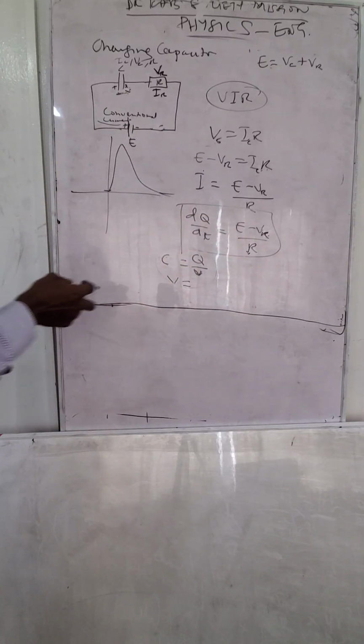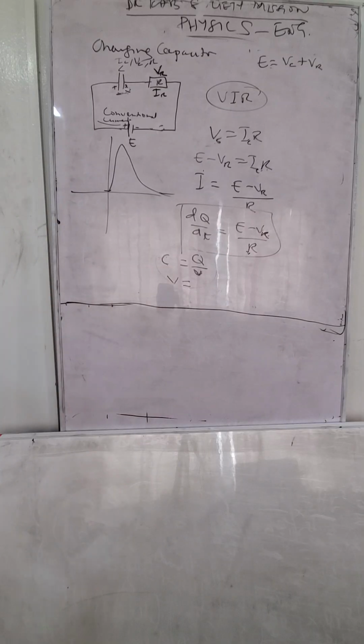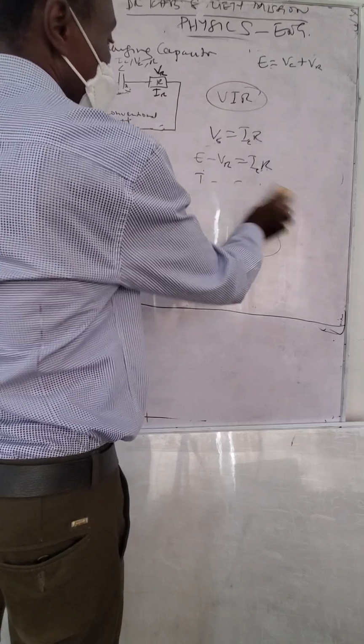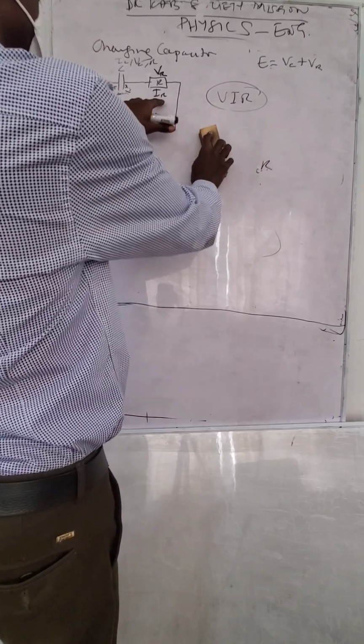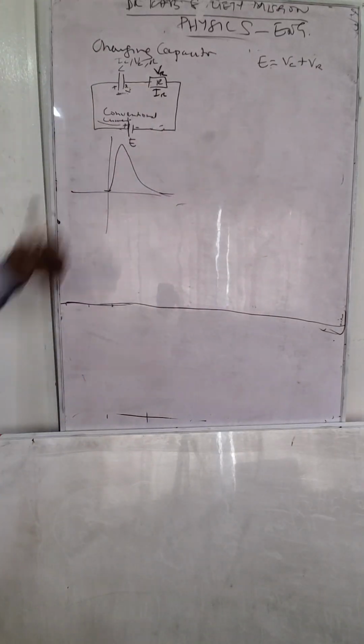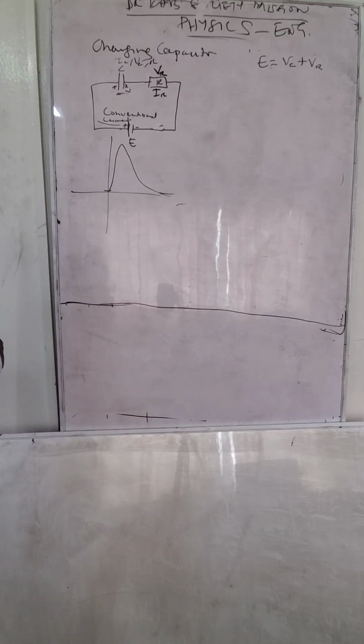Now let's look at another picture where we are looking at the parameters for the resistor. But remember, the current IR will be the same current for the capacitor, because they are in series. When they are in series, the same current will flow through.